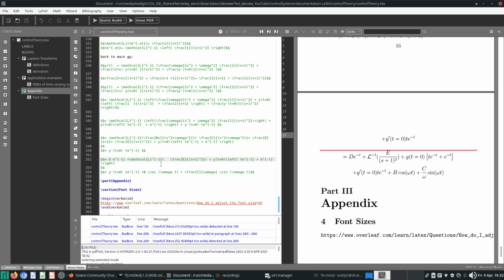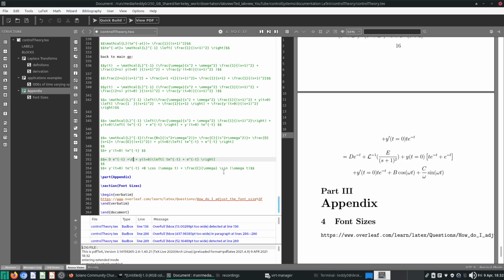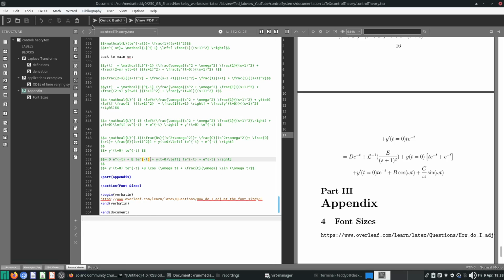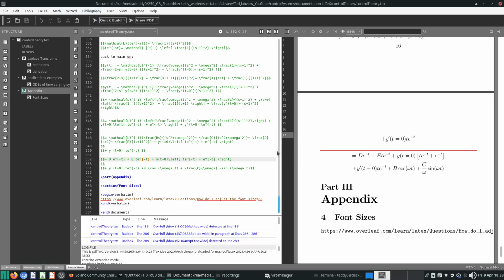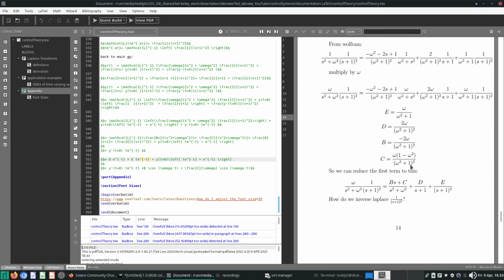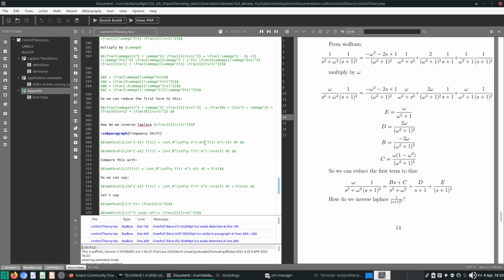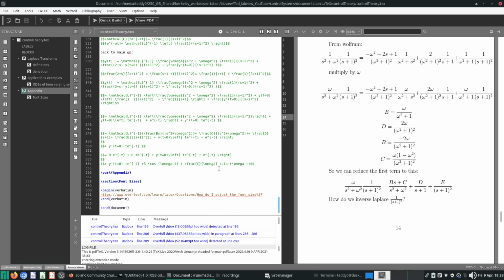And then we'll just have the inverse Laplace of e, so this one is just e times t e to the minus t. And this is the solution to the ODE that we have, where all our terms E, D, B, C are all over here. Okay, I'm not going to simplify. I'm going to leave it as it is.